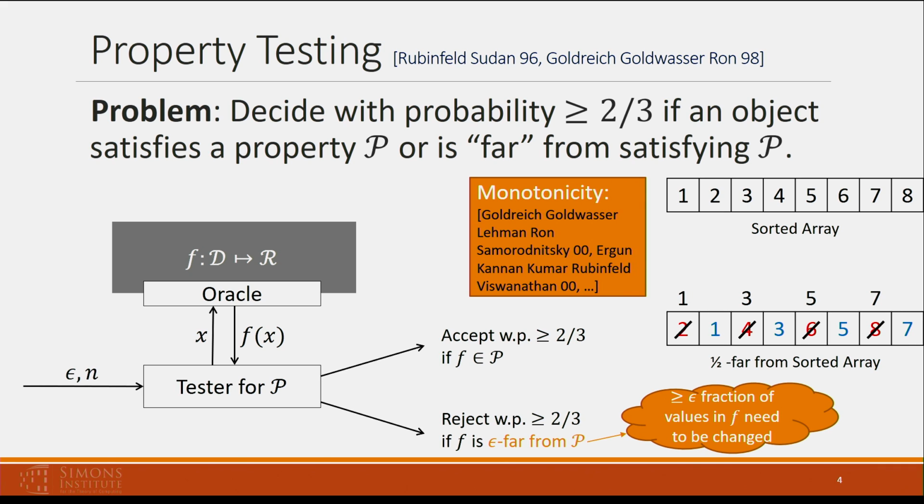And at the end of the process, the tester has to accept with high probability if f satisfies the property, and reject with high probability if f is epsilon far from satisfying property p. So f is epsilon far from satisfying property p if at least epsilon fraction of values in f need to be changed to make it satisfy the property p. So recall this example in which this array is half far from sorted.